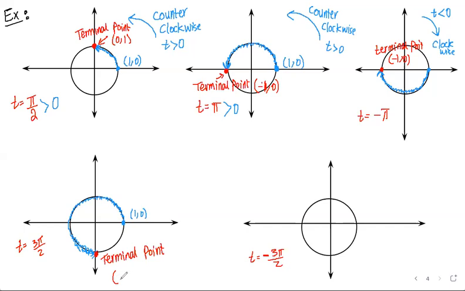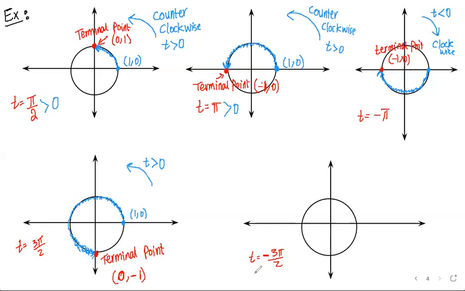It is (0, -1), because this point is 0 and -1. Why do I move like this? Because t is positive, so I'm moving counterclockwise.